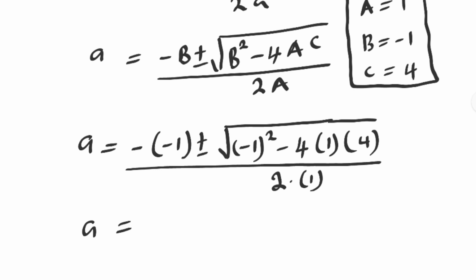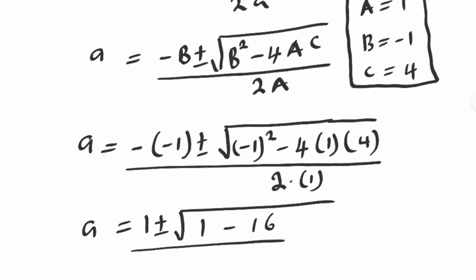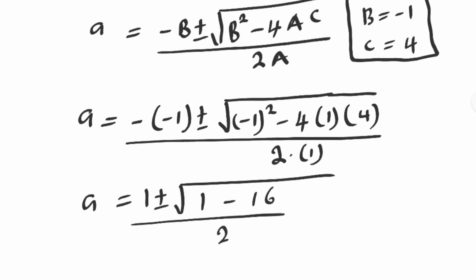A is equal to minus times minus 1, this is 1, plus or minus square root of minus 1 square, that is 1, then minus 4 multiplied by 1 multiplied by 4, that is minus 16, over 2 multiplied by 1, 2.